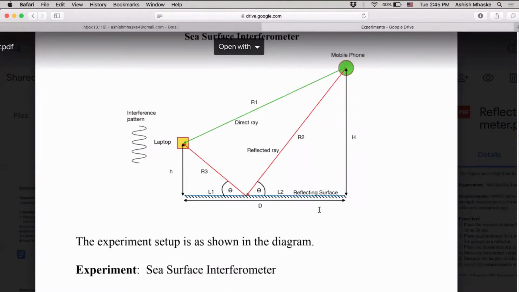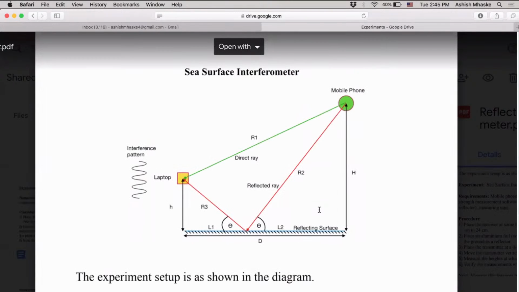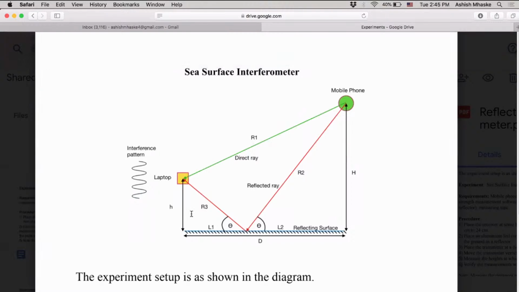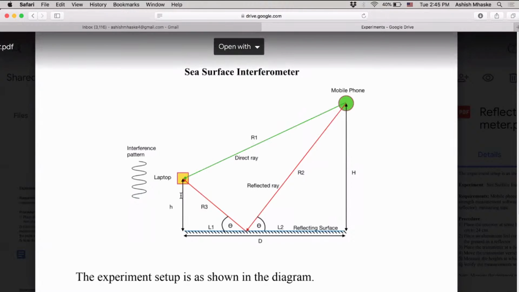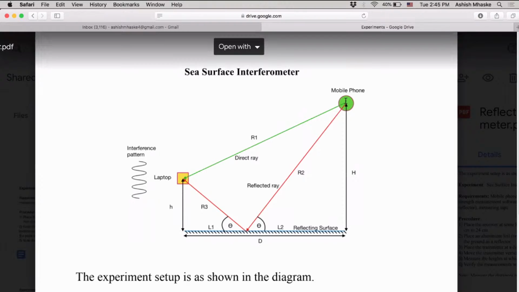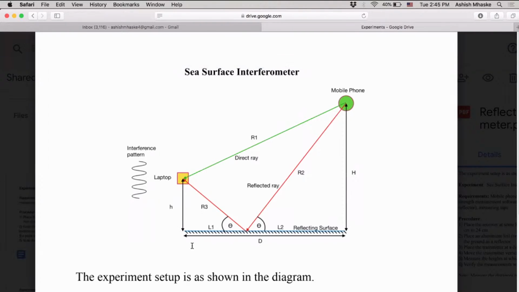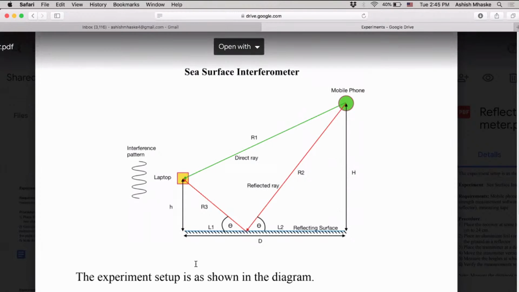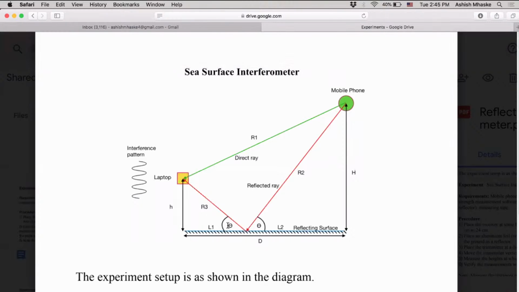So the next experiment is the sea surface interferometer. Here you have a transmitter and a receiver. Suppose your laptop is kept at some height, and you have your mobile phone which is transmitting. You keep some fixed distance between your laptop and the mobile phone. There are some known quantities in this setup. For example, you know the height at which you have kept the laptop from this reflecting surface.